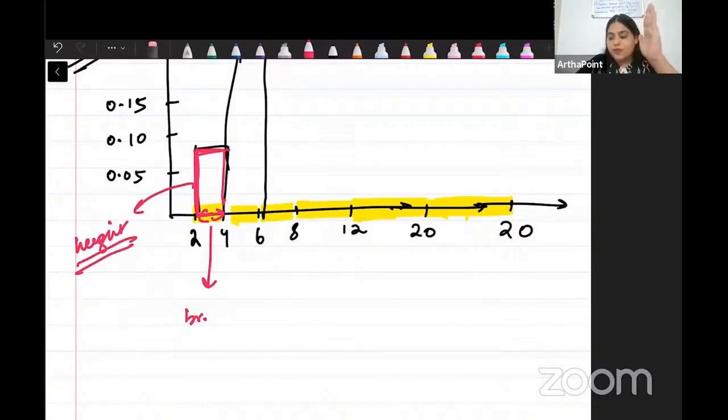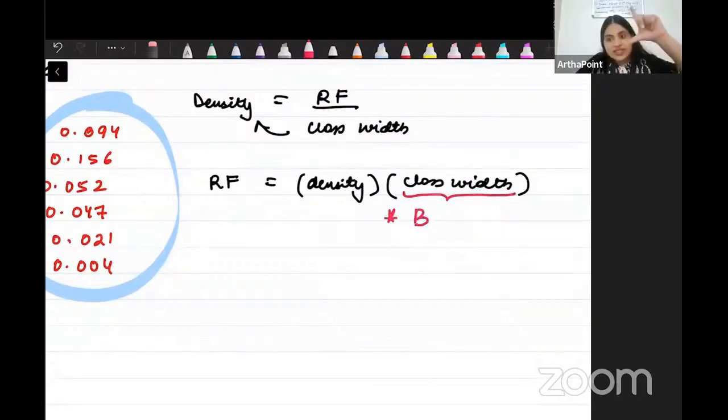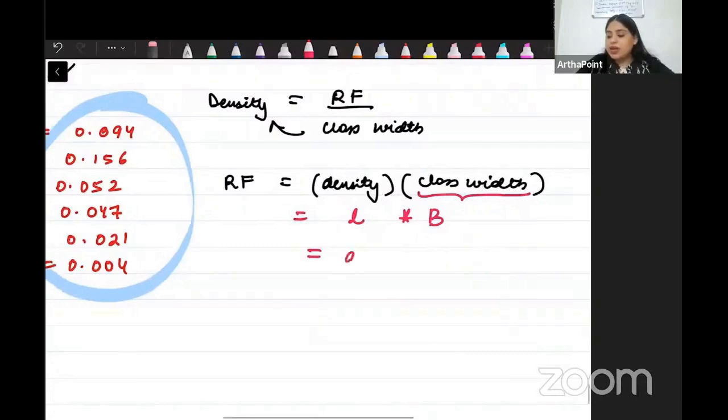The X-axis was the breadth of the rectangle, and the Y-axis was the height. So beta, can I say that the width of the class represents the breadth of the rectangle, and the density represents the length of the rectangle? Beta, length into breadth is the area of the rectangle.